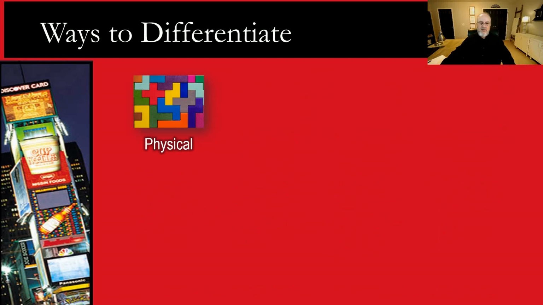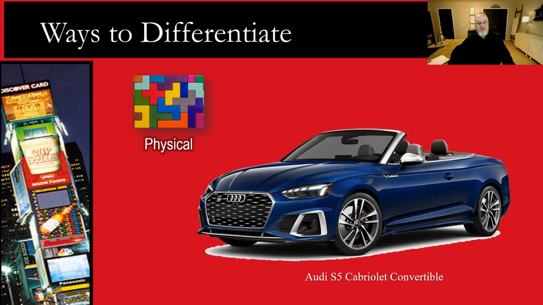Physical differences. I have a convertible. I have an old Toyota convertible, and this isn't my car by the way, I wish it was. The thing about my convertible top and most convertible tops is you have to be stopped in order to lower the top. Well, this is an Audi S5 Cabriolet convertible.